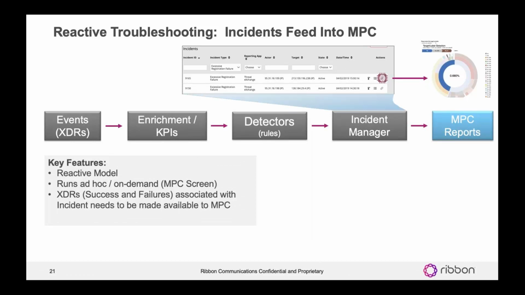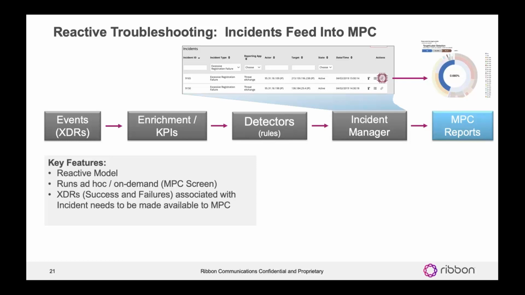If we look at MPC, most probable cause, we could run this in a number of ways. If we're running in a network that's clean, then we can run MPC in the background and have it triggered off of an incident that might occur.